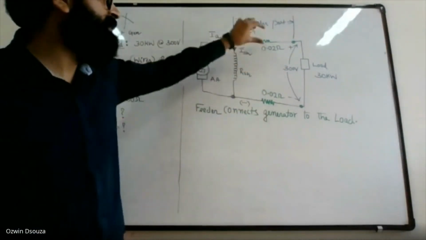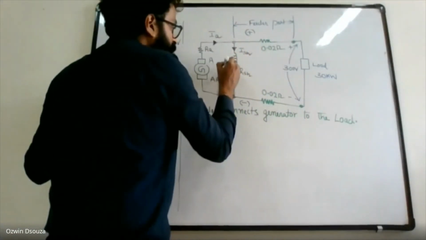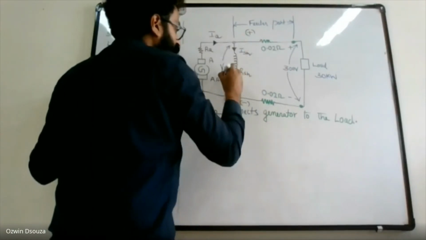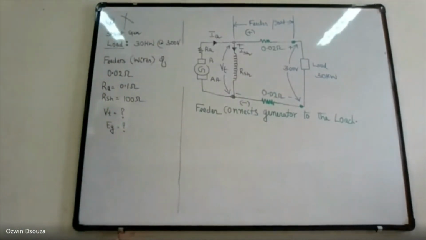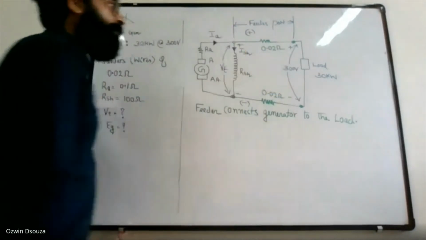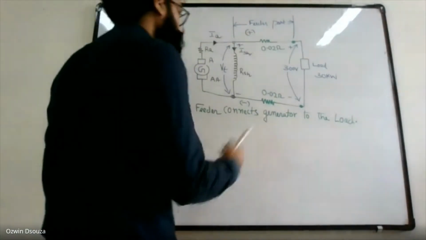Whenever there is resistance, there will be voltage drop. So we need to find the terminal voltage VT across the shunt field winding. In all the previous problems, the voltage across the shunt field was taken directly as the load voltage. But in this special problem, VT is not equal to the load voltage, and we are supposed to find out what it should be.